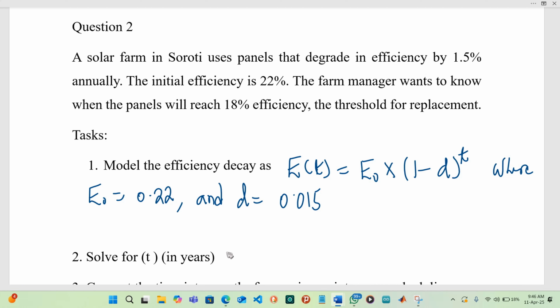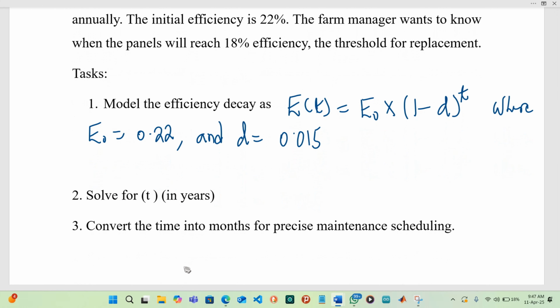Now, task number 2 is to solve for t, that is going to be in years. And we shall see what application this comes from, either indices, logarithms, or any other, but we are going to see.